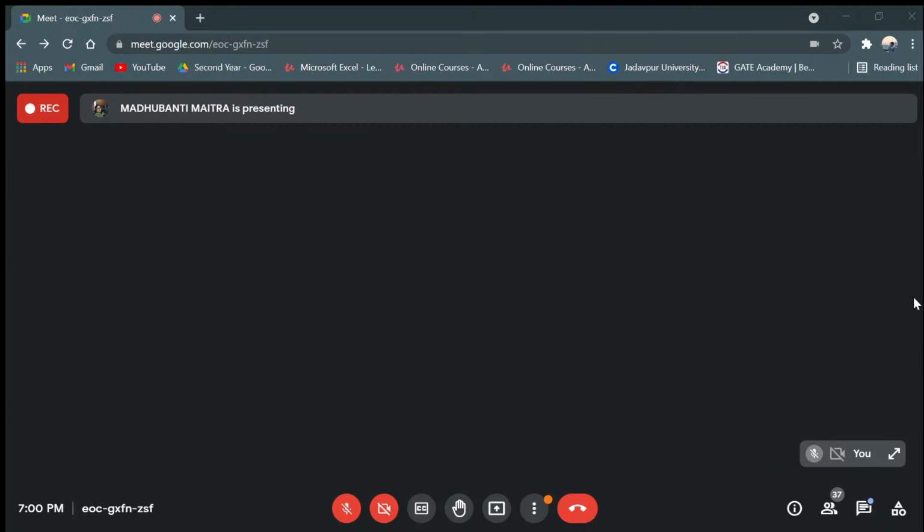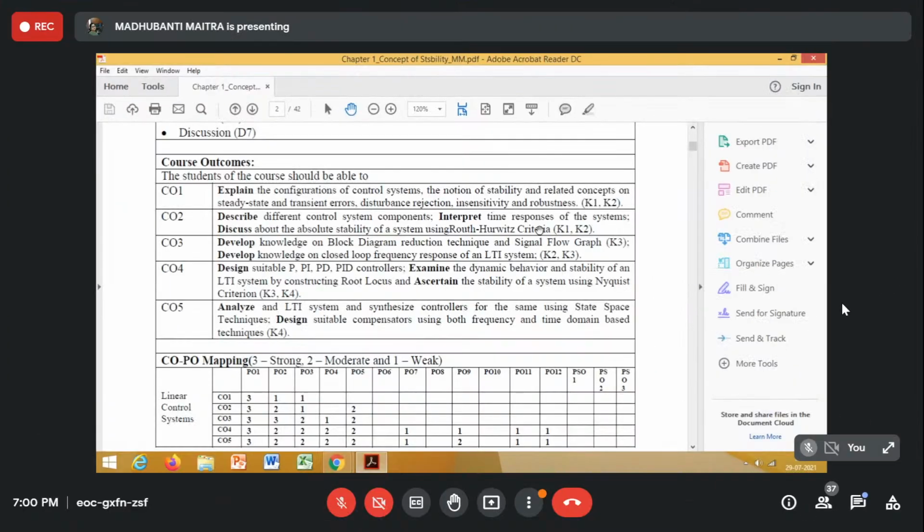So we'll be studying quite a few stability ascertaining tools which are applicable for linear systems only. Such tools are Nyquist stability criterion and Routh-Hurwitz stability criterion, right? And some other design and analysis tools we'll be studying, which are also applicable for linear systems, like the root-locus technique, block diagram reduction technique, signal flow graph.